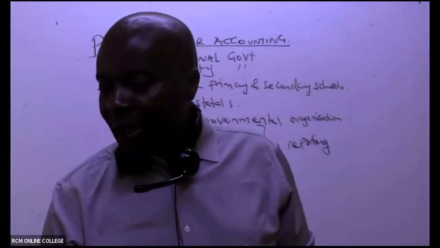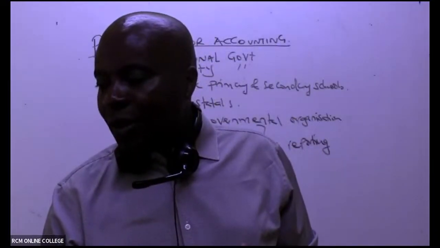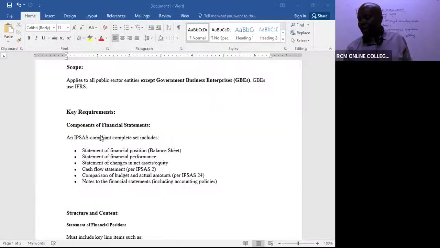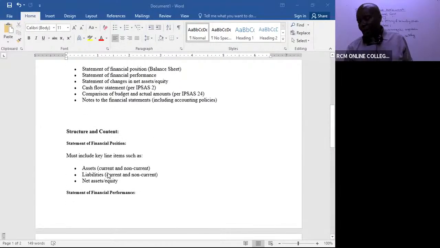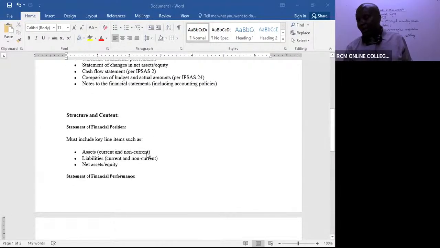Now, ladies and gentlemen, whenever we talk of IPSAS 1, we've been told what we need to have. Then we have structure and content. For example, the statement of financial position, what must you have? You must have this to avoid getting a qualified opinion from the Office of the Auditor General.